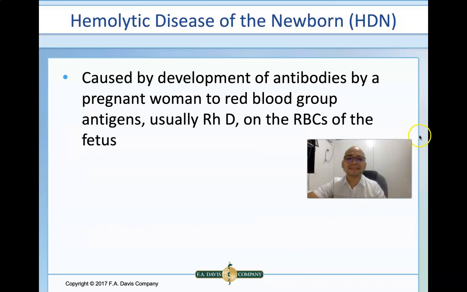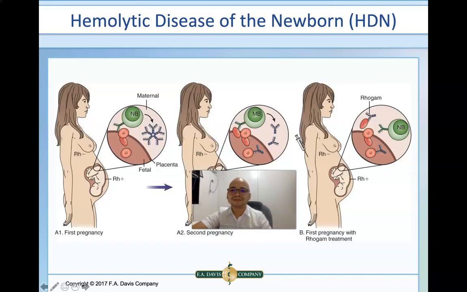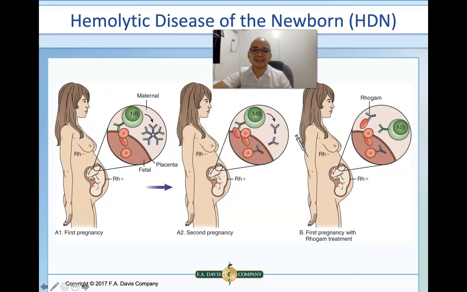Okay, so let's discuss HDN, hemolytic disease of the newborn. This is usually caused by development of antibodies by a pregnant woman to RBC antigen. Usually, it happens in RhHDN, or another type of HDN is the ABO incompatibilities, or the ABO HDN. In this particular illustration, we will be focusing on RhHDN.